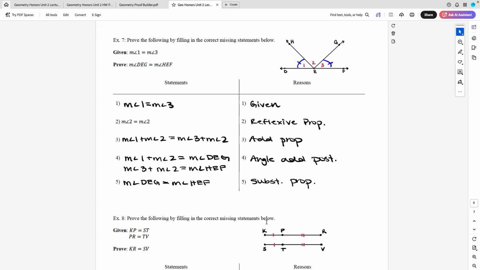So example 7 are cool? Okay. Now example 8. KP is the same as ST and PR is the same as TV. Of course those are going to be the same, but that's going to be a segment addition postulate.